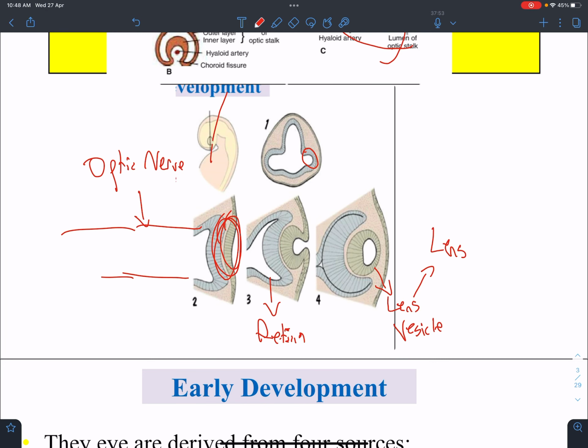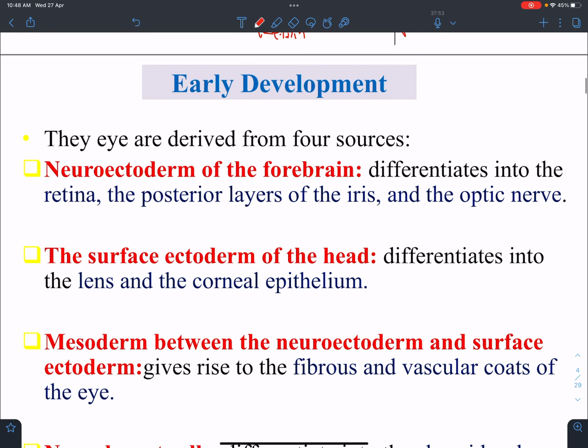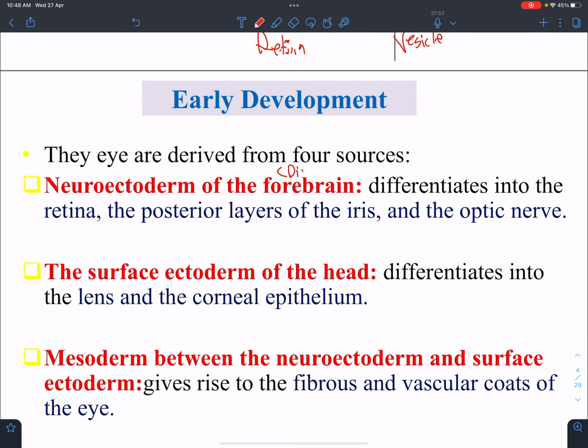One of them was the neuroectoderm of the forebrain, which is the diencephalon. Please just remember that the optic vesicle and the neuroectoderm of the forebrain are the same thing. It will give you the retina, the optic nerve, the optic stalk, the optic vesicle and all that. It's also going to give you the posterior layer of the iris.